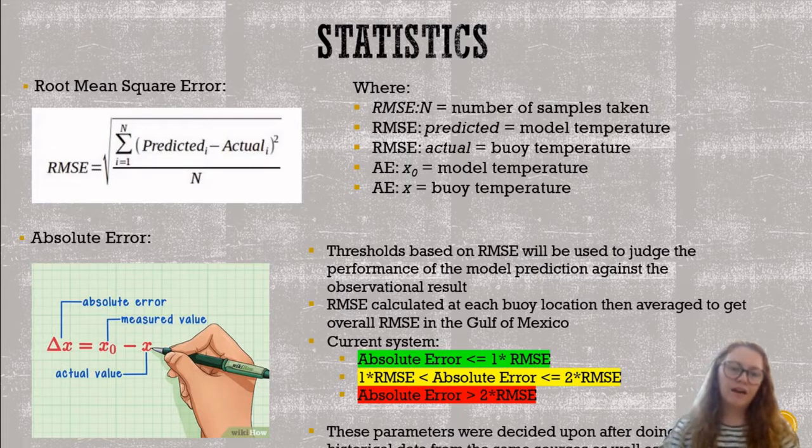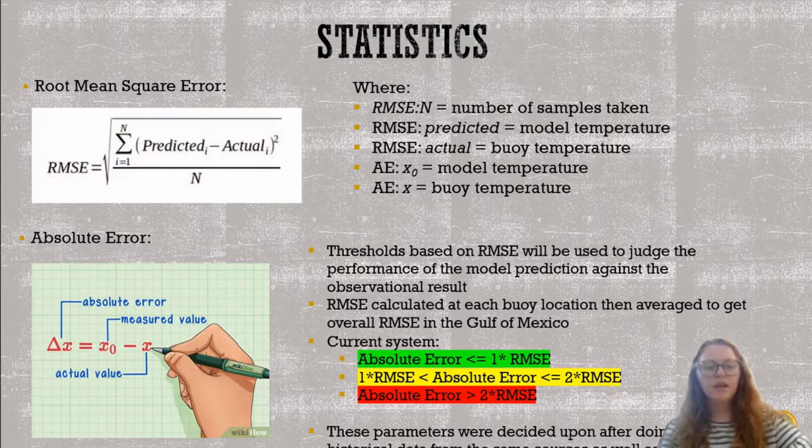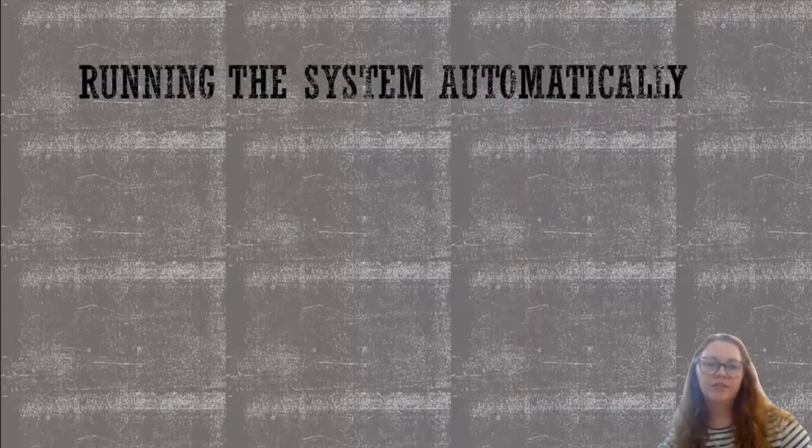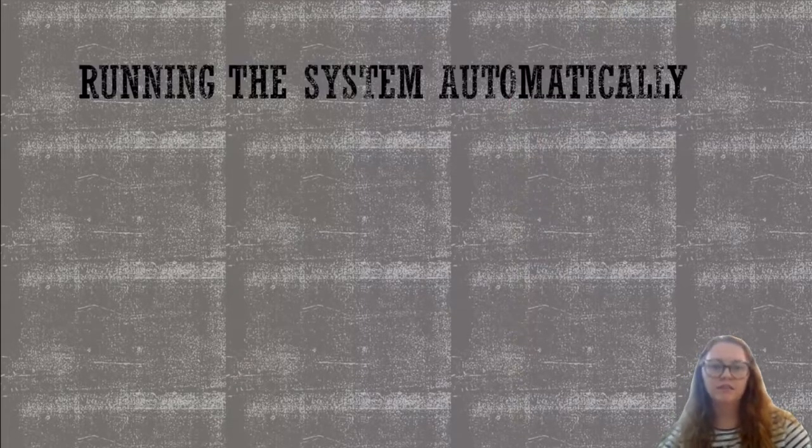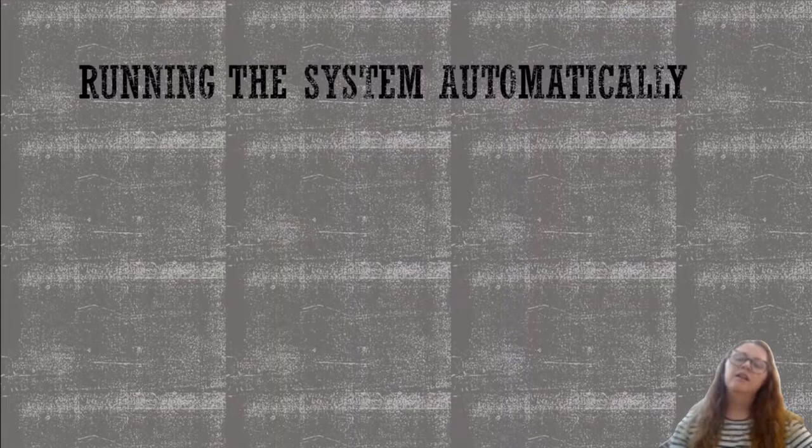So that's why I did decide to keep this threshold system. If you would like to learn more about that paper, it's listed in the citations on the resources page at the end.